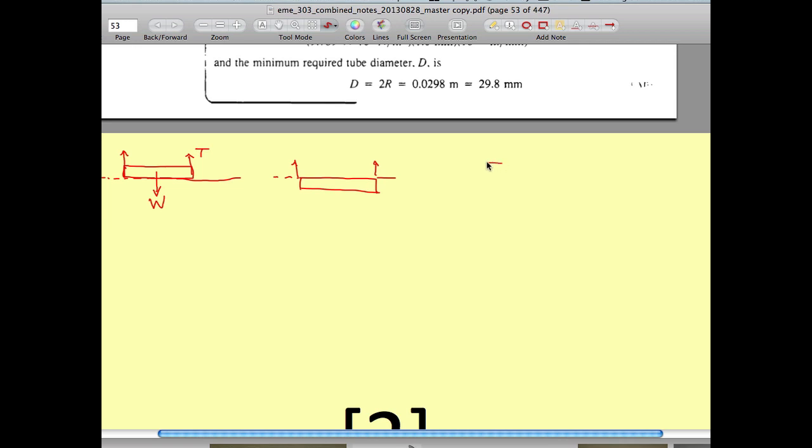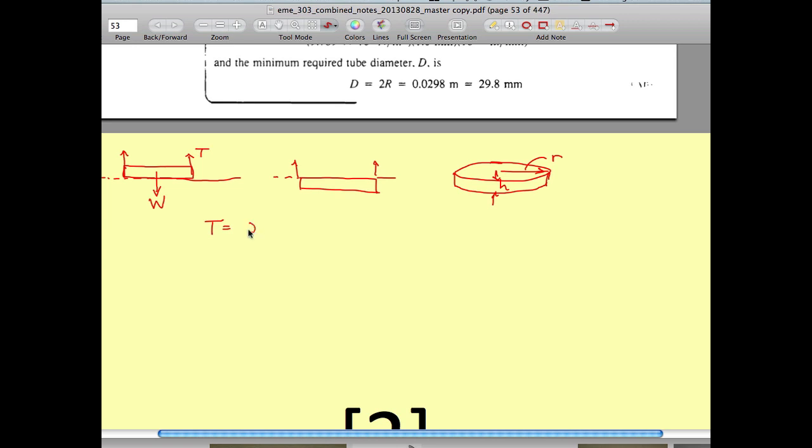Because now, although it's not the fluid anymore that's being lifted up, it's actually the weight of this particular coin, which isn't fluid but it's metal. And it has some height attached to that, has some radius attached to that, and you can do the same balance. So the upward force is going to be equal to what?